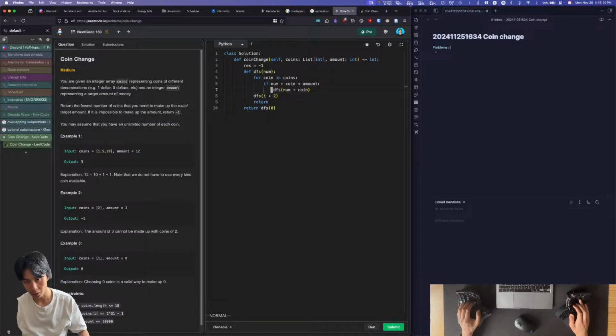And if it's greater, if num equals amount, return 1. Return ways.